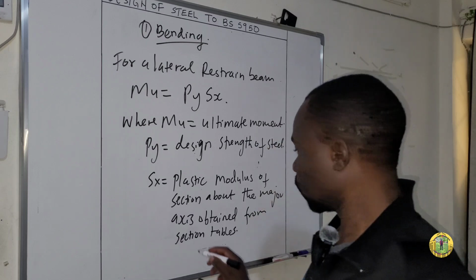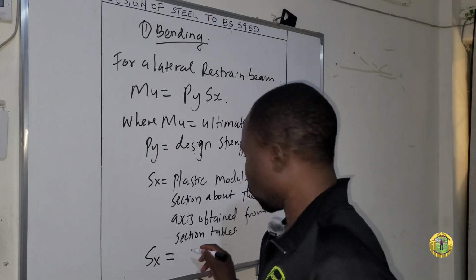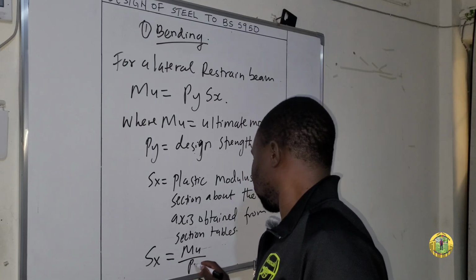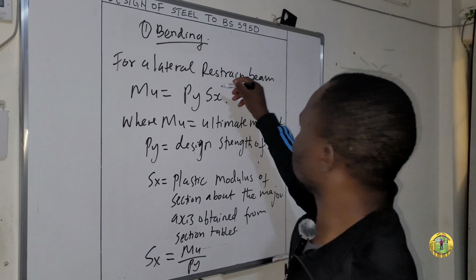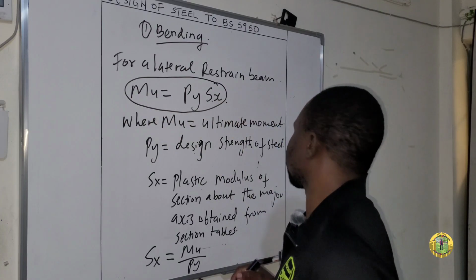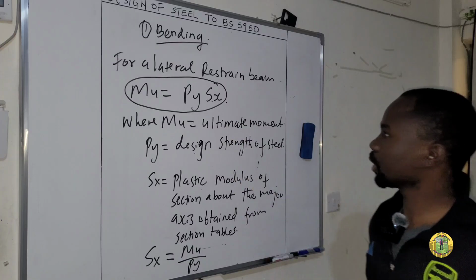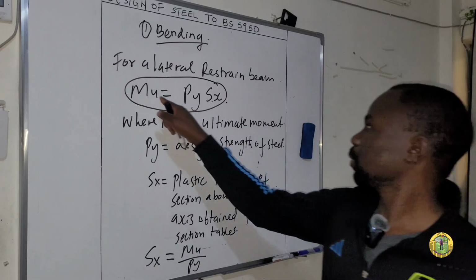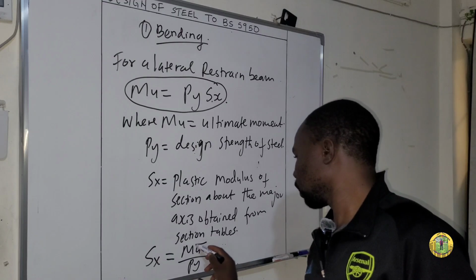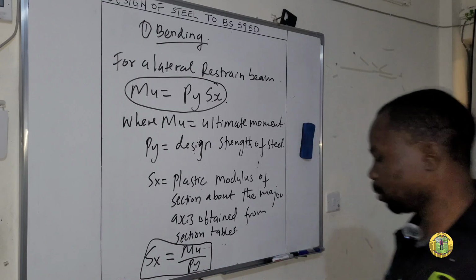So in short, Sx is equal to Mu over py. From this formula, you can make Sx the subject of the formula by dividing both sides by py, so we end up with this final formula.